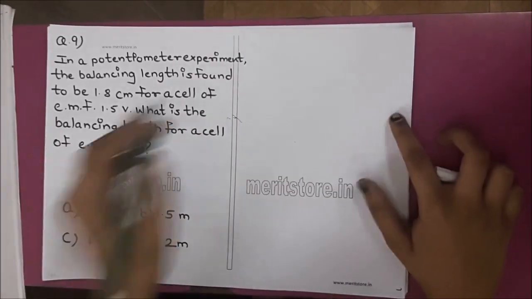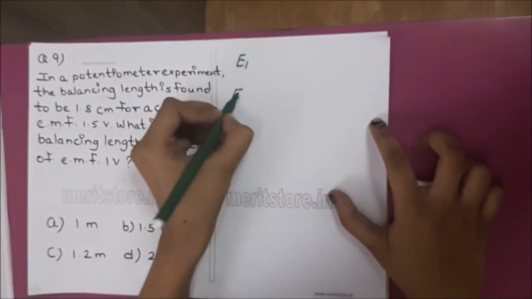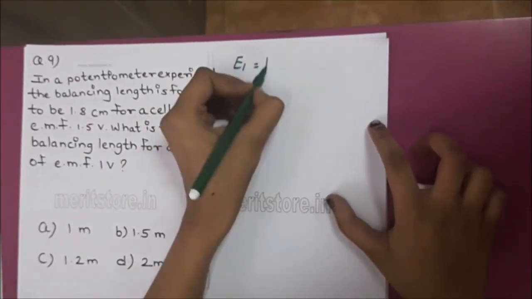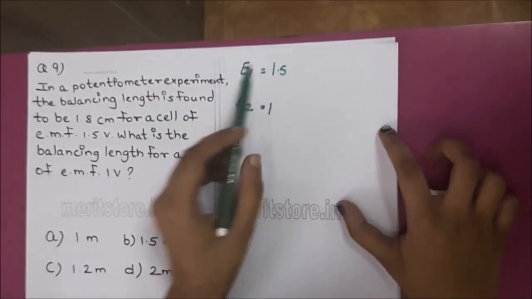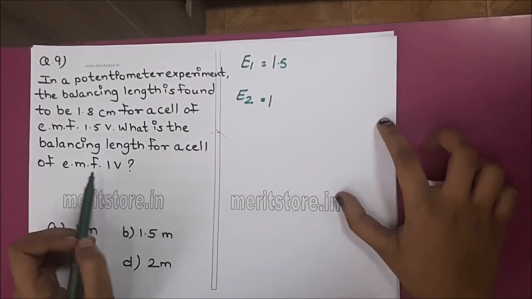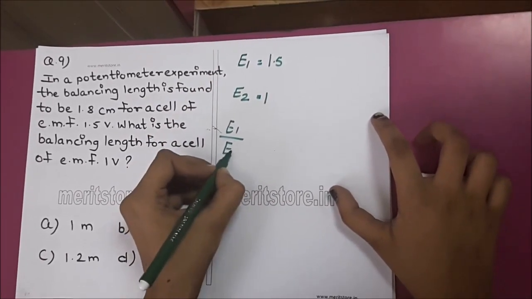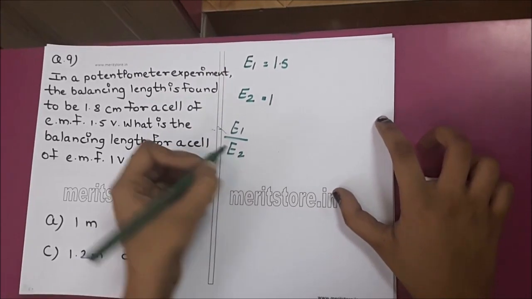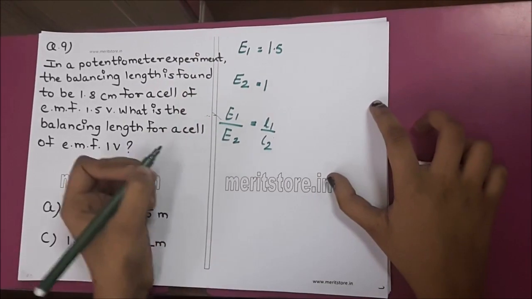So over here we have been given EMFs E1 as 1.5 and E2 as 1. We have to find the length, so we'll use the formula E1 by E2 is equal to L1 by L2.